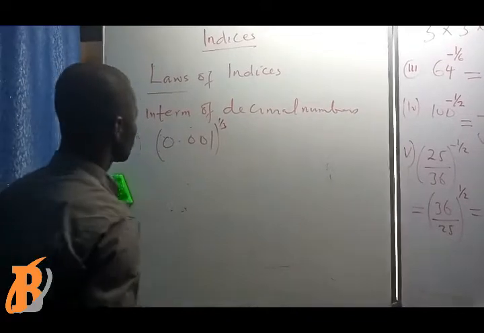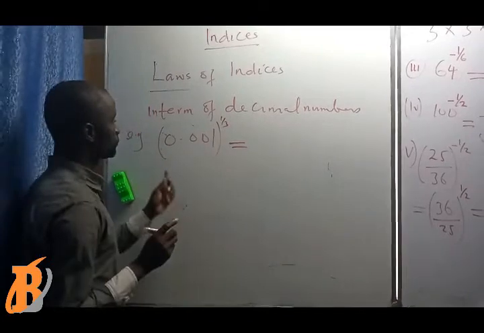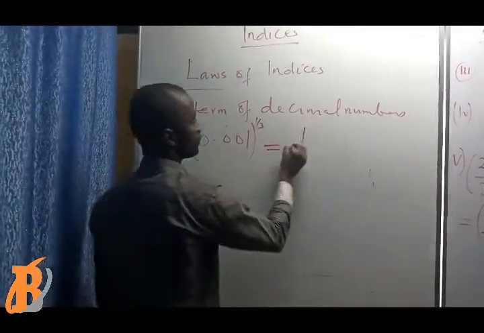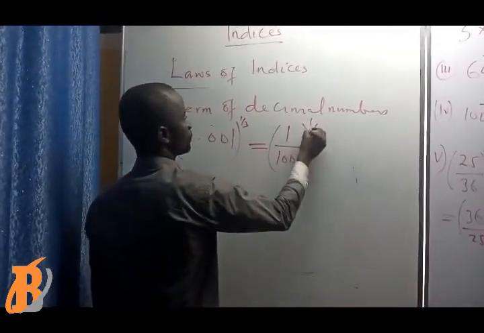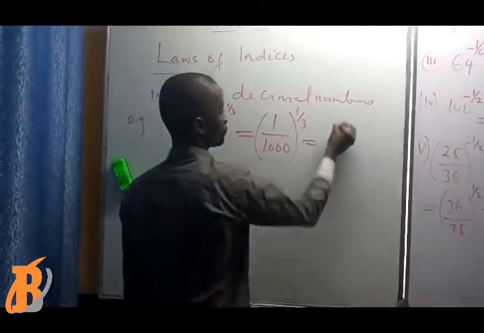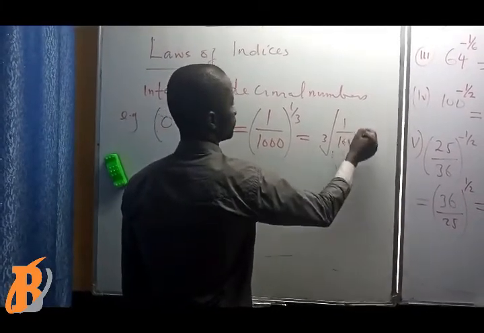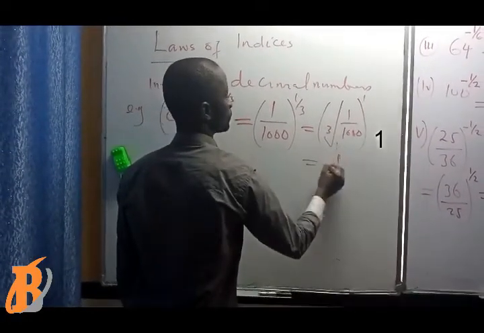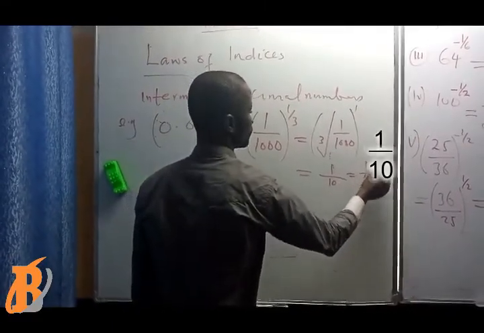This can be solved by first converting the decimal into a fraction. That's 1 over 1000, to the power of 1 over 3. Applying your law, this equals the cube root of 1 over 1000. The cube root of 1 is 1. The cube root of 1000 is 10. The answer is 1 over 10.